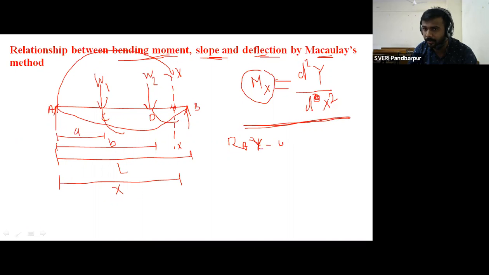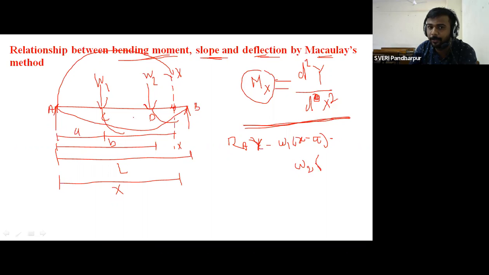So W1. What is the distance between point C and the section XX? X minus a. The total distance x is known; if we subtract a from that x, what remains is x minus a. So W1 into x minus a, minus W2.